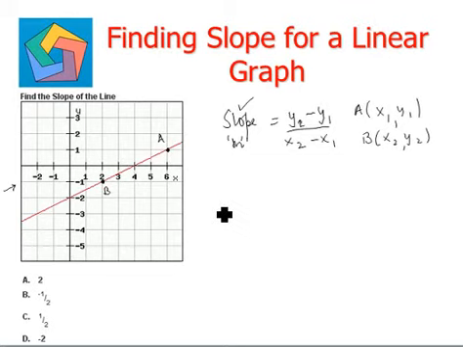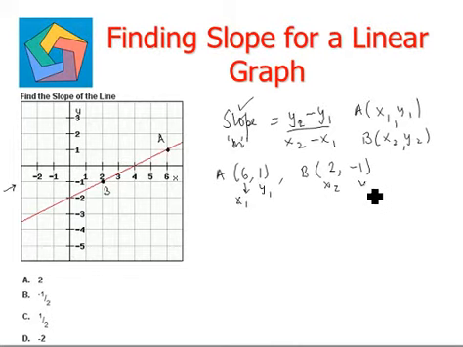So let's see, the coordinates of point A, from the graph we find out, are 6, 1, and for point B it is 2, -1. Now we'll plug these values. We take this as x1 y1 and x2 and y2. Now slope is given by the formula y2 minus y1 divided by x2 minus x1.